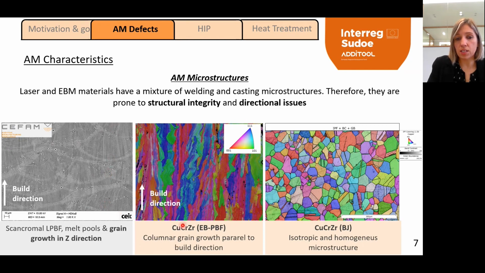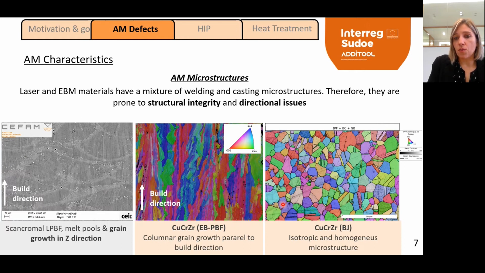In the case of copper chromium zirconium, in this case obtained by electron beam melting, we also have this columnar grain growth parallel to the build direction. This type of microstructure makes the material heterogeneous, so we are not going to have the same properties in one direction as in the other, and sometimes this can be an issue for the application.